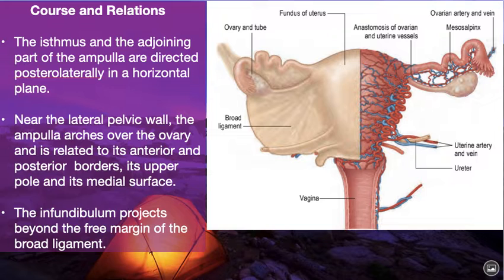Now, basically the isthmus and the adjoining part of the ampulla are directed posterolaterally in a horizontal plane.